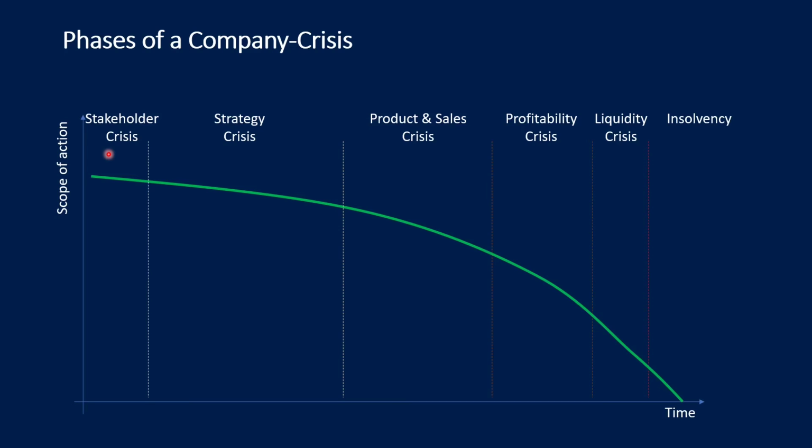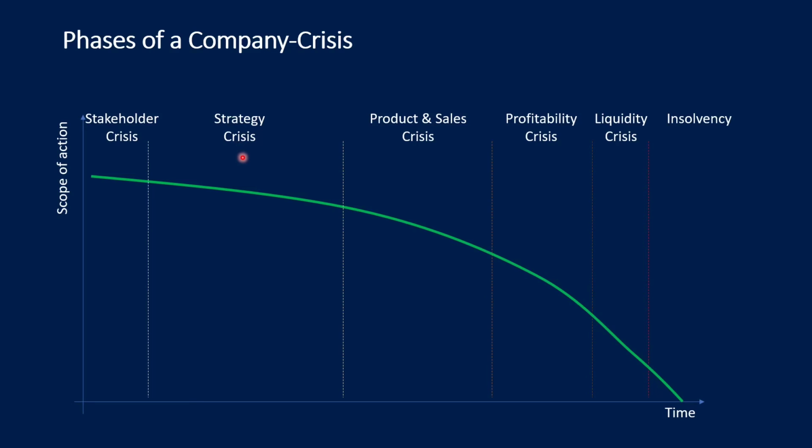These stakeholders might struggle about the strategy of the company, and thus the company tumbles into a strategy crisis, which means that the company does not choose the right strategy to survive on the market or does not use its resources efficiently.